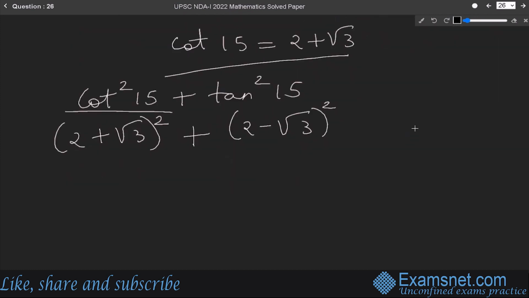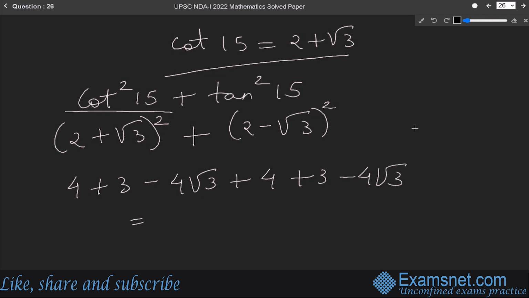Now just simplifying it, we get 4 plus 3 plus 4 root 3 plus 4 plus 3 minus 4 root 3. So the answer will be 14 for this question. Here I have just applied the (a plus b) whole square formula.